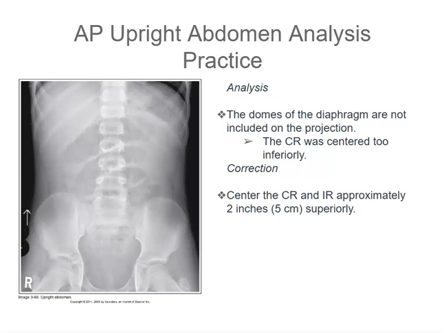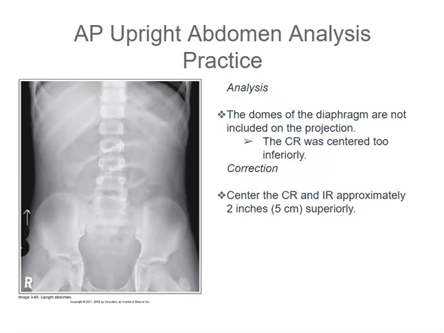You can evaluate the symmetry of the obturator foramen if they're visible. You can utilize the spinous processes in their position down the midline of the vertebral column, as well as the position of the sacrum and coccyx in alignment with the pubic symphysis. And in this case, there is no rotation indicated.